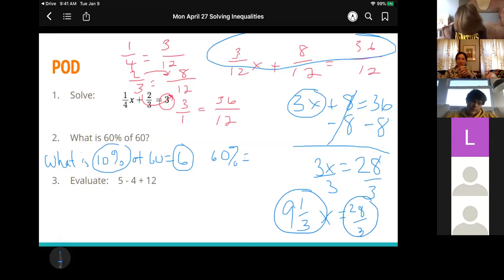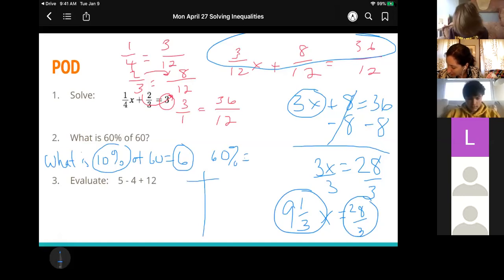So do you have an idea of what 60% would be? I don't know. Not sure. No. Okay. Kellers, what do you think? Would you add a 0? Well, you know what? Let's take a look at it this way. I'm gonna just do a little table here. 10% is 6.